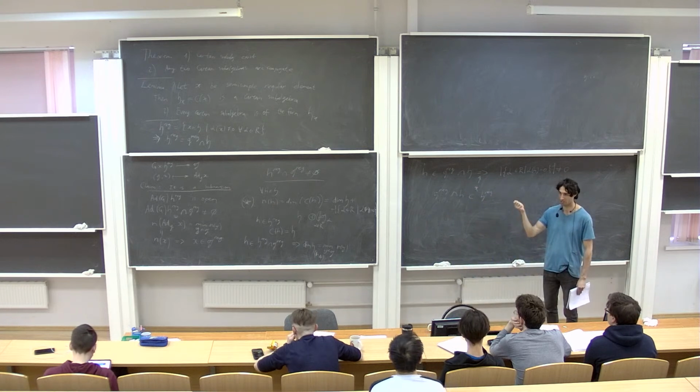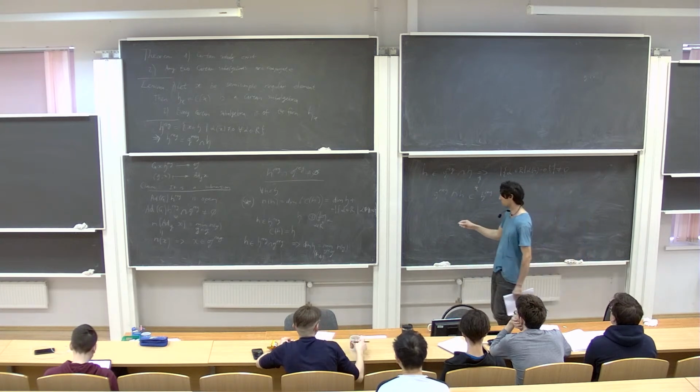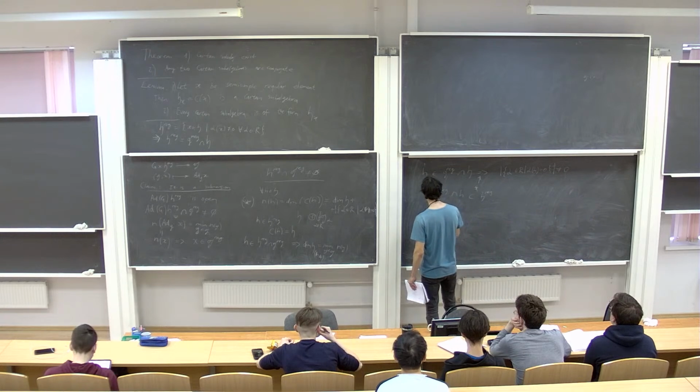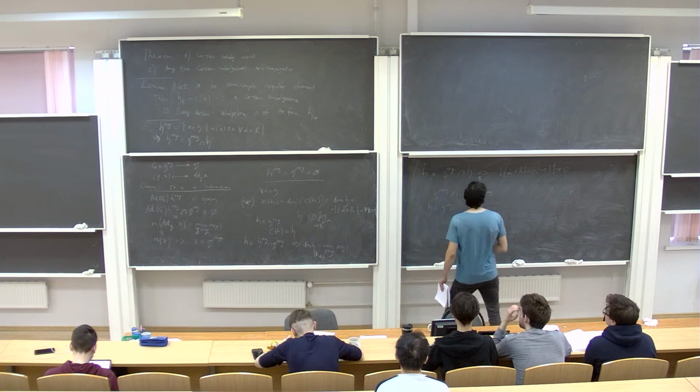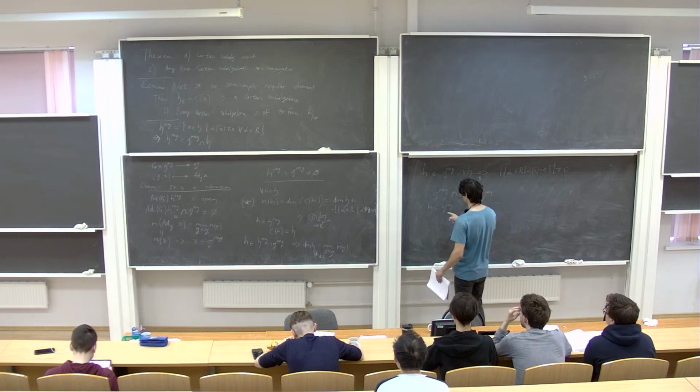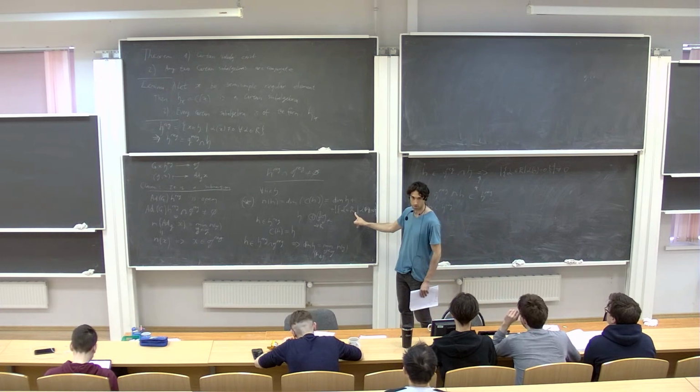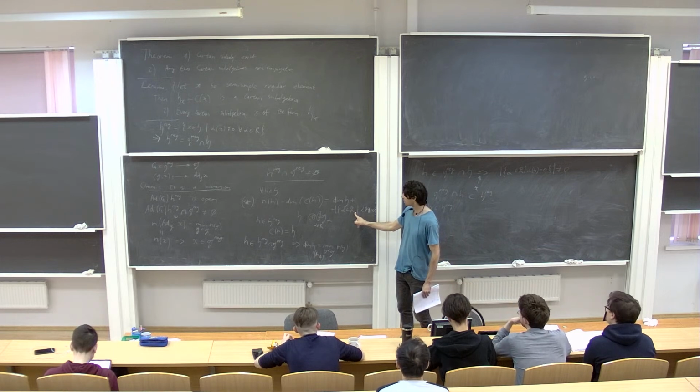So we need the other inclusion then. Let me take h from h regular now. Then this becomes 0, and therefore the nullity of h is the dimension of h.